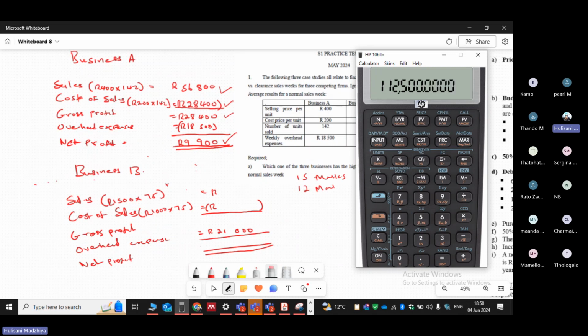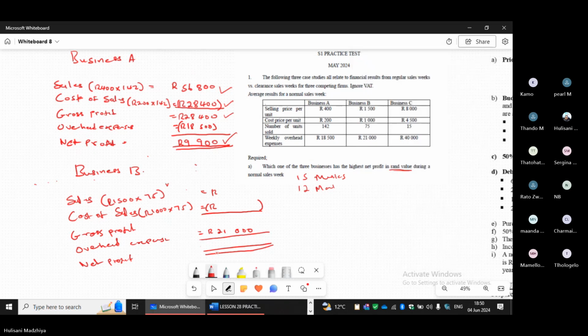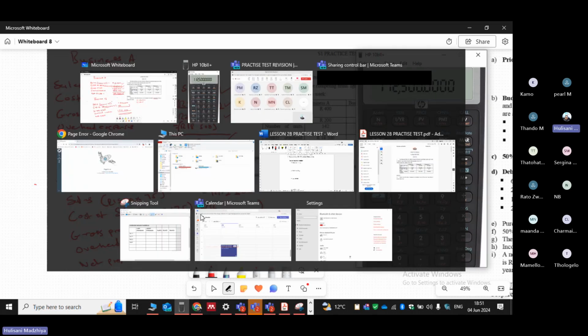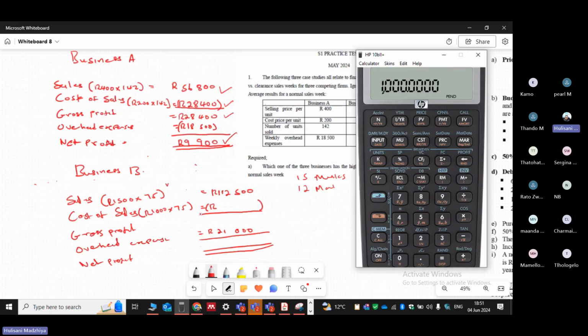So that's actually 112,500. And then we calculate the cost of sales. So cost of sales will be 1,000 multiplied by 75 units. That's 75,000.